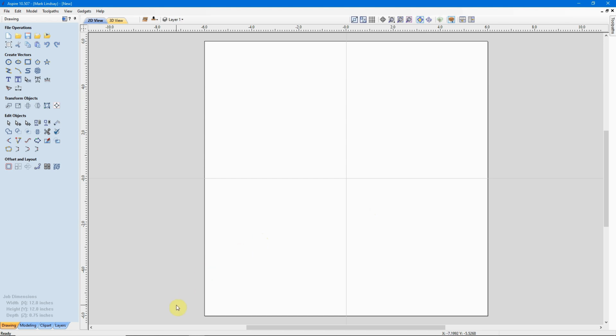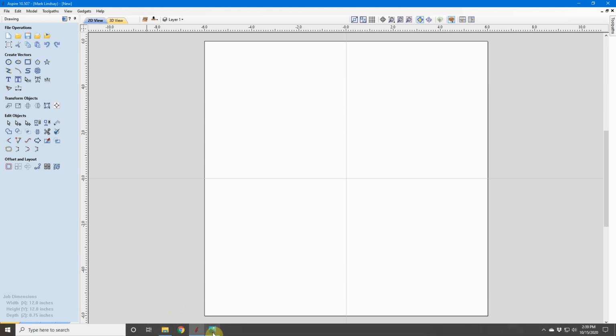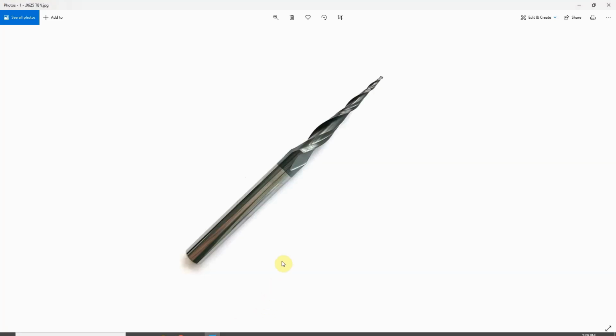I had 2 emails and was tagged in a Facebook post on the same day asking me about stepover for a tapered ball nose. Now, this is a photo of a 1/16 of an inch tip diameter tapered ball nose bit.